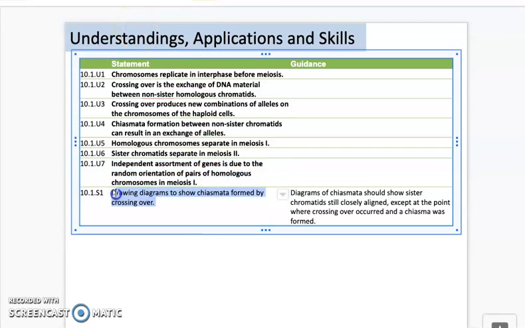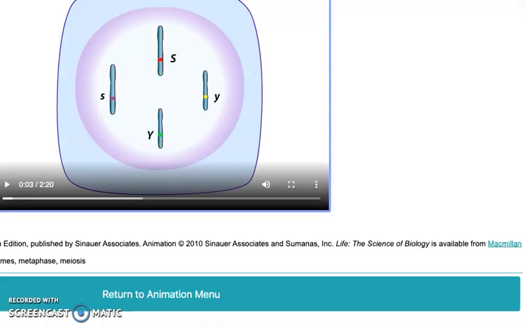We haven't done drawing diagrams to show the chiasmata formed by crossing over, so let's do that. Okay, so if we have one chromosome and we have the homologous chromosome of that one chromosome, it would be right here.